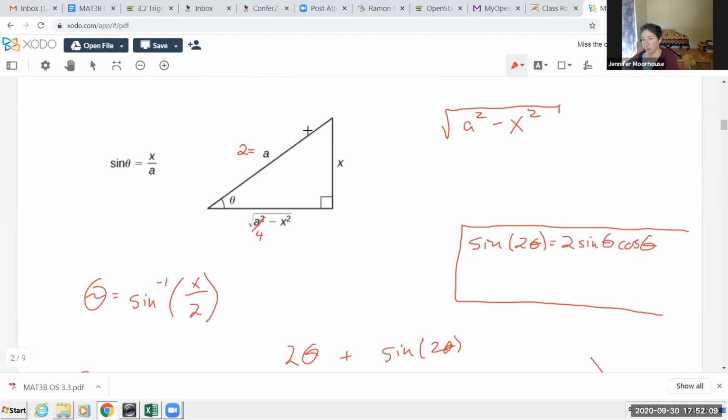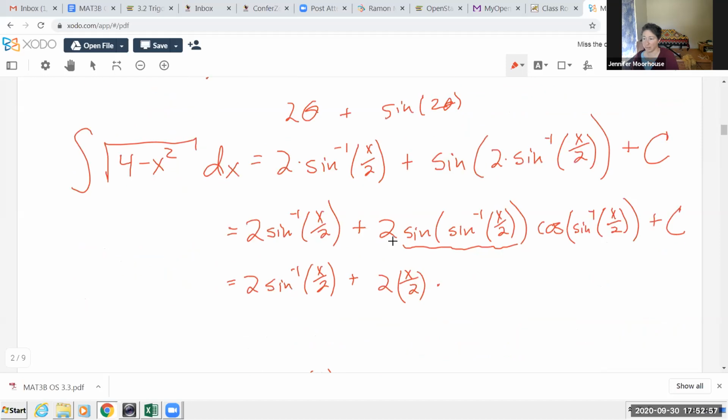So if we go back up and we look at this triangle, if sine of theta is x over 2, cos theta, that's the adjacent side over the hypotenuse, that is the square root of a squared minus x squared over a, or in our case, the square root of 4 minus x squared over 2.